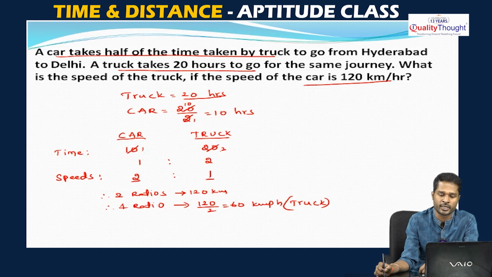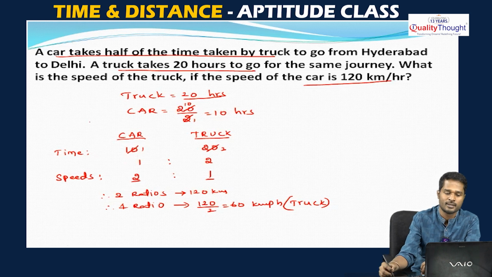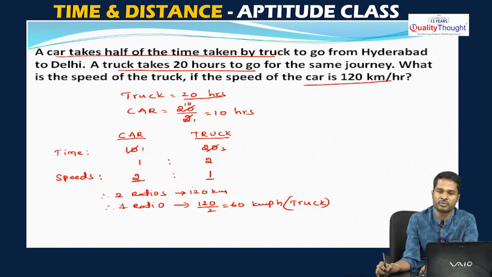When the times are in the ratio 1:2, the speeds will be in the ratio 2:1. Now check, speed of the car is 2 ratios, that is 120 kilometers. So if 2 ratios is 120 kilometers, then the speed of the truck is 1 ratio, that is 120 by 2, which is 60 kilometers per hour. That means if the speed of the car is 120 kilometers per hour, then the speed of the truck is 60 kilometers per hour.